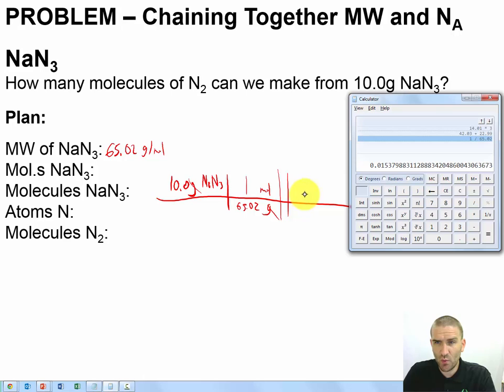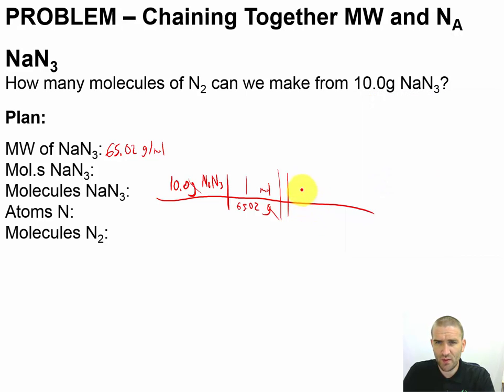And we get 0.01538 moles of NaN3. Okay, now I've got to fix my sig figs on that. I should only have 3 sig figs.